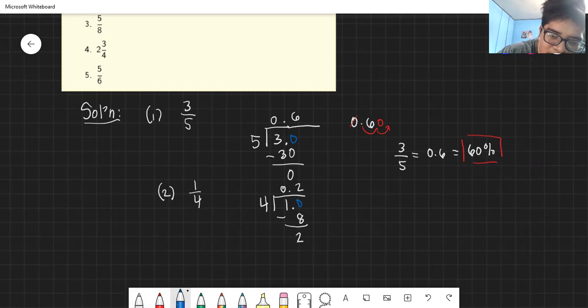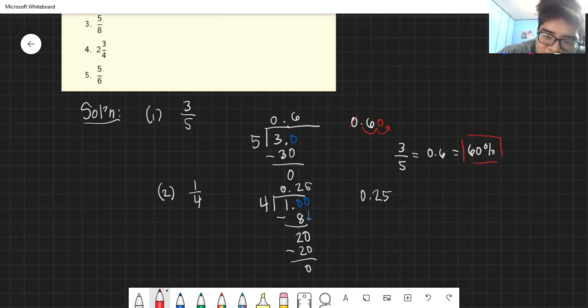Add another 0 and bring down that 0. So magiging 20. 20 divided by 4 is 5. 5 multiplied by 4 is 20. Subtract, so 0. So ibig sabihin, this is 0.25.